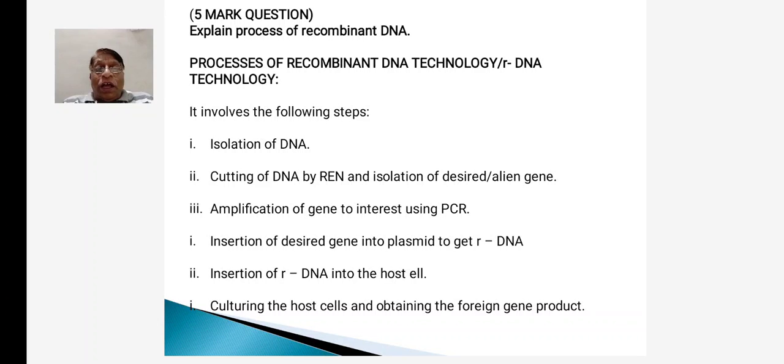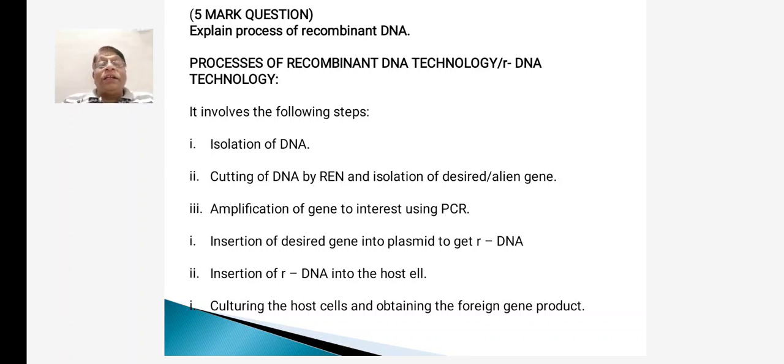First step is isolation of DNA. Second, cutting of DNA by restriction endonuclease and isolation, that is, separation of the desired or alien gene. Next, suppose the desired gene is very little, then amplification of the gene may be done by using PCR.